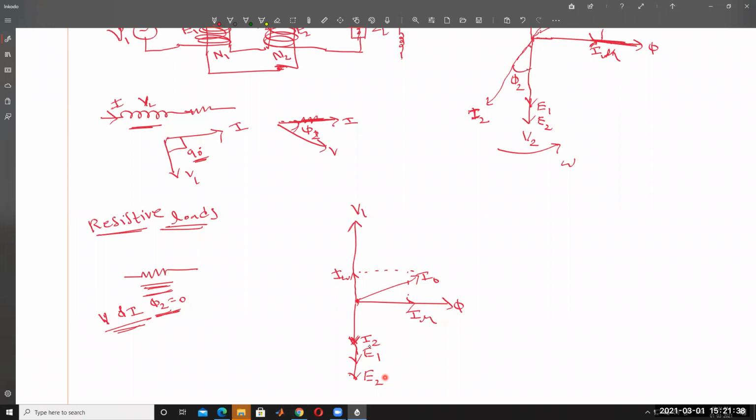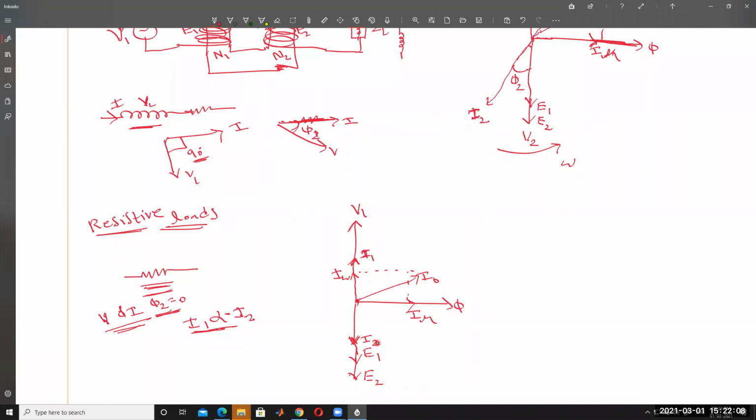I1 is proportional to I2 but of opposite sign, so the same amount of current, exactly opposite. Here I2, here I1, but on the opposite side.